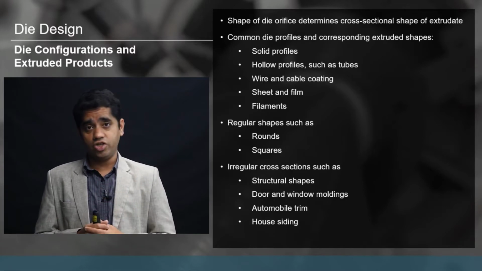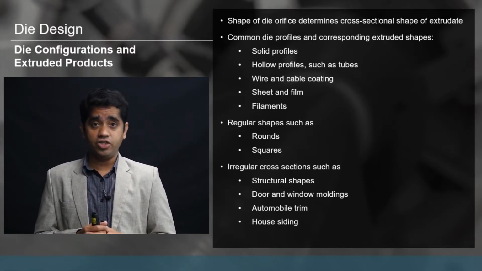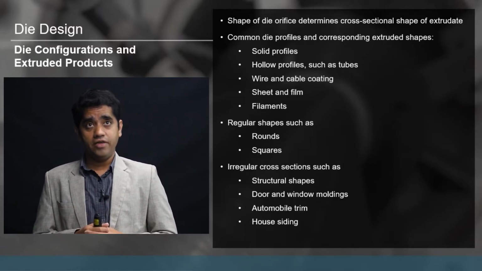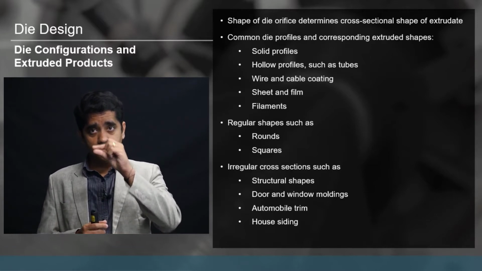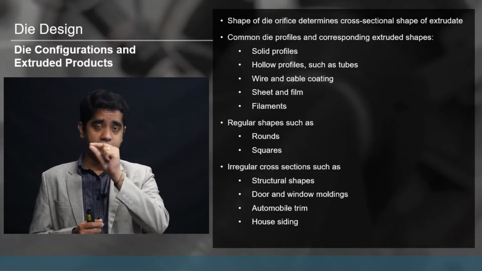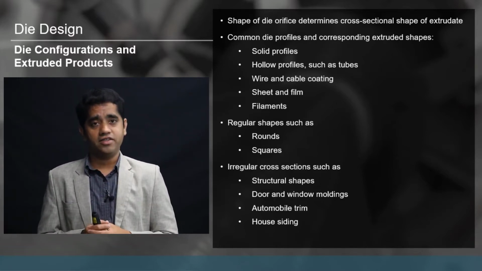The automobile trims can also be irregular shapes, or house sidings, and even the window sealants or the external profiles. Basically, that also can be categorized under the window moldings.